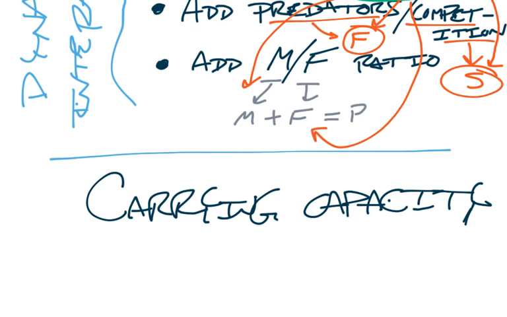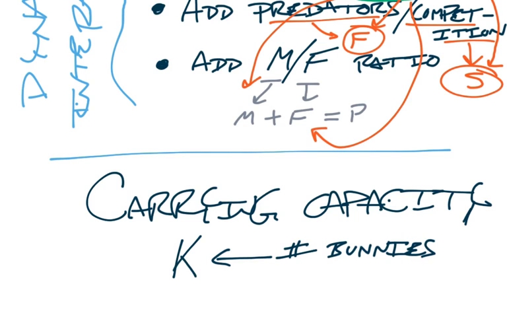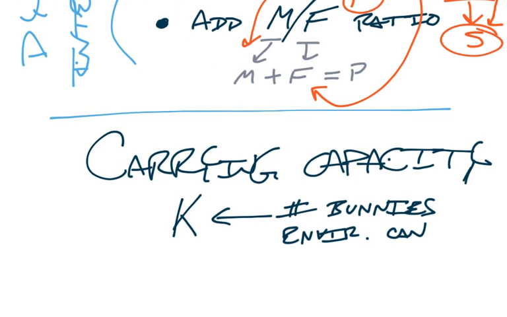All right, and I'll denote it by K. And this is just the number of bunnies that the environment that they live in can possibly support. All right, it's the maximum number that the environment can possibly support.